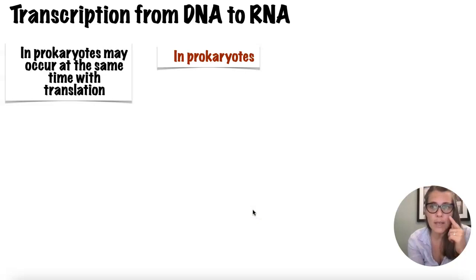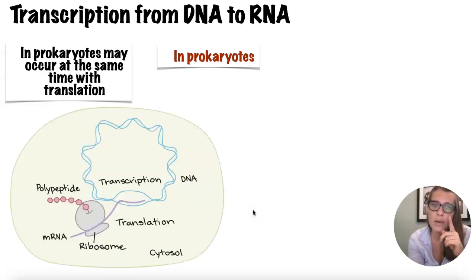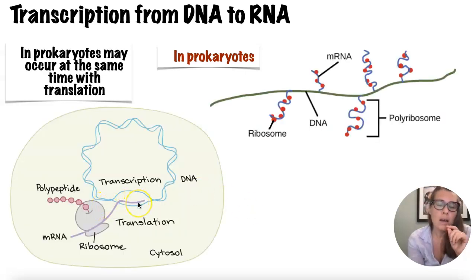Now, as I was mentioning before, in prokaryotes, sometimes you can have this process of transcription happening at the same time as translation. What does that mean? It means that while you're doing your elongation, right? So this is 5 prime, this is 3 prime.